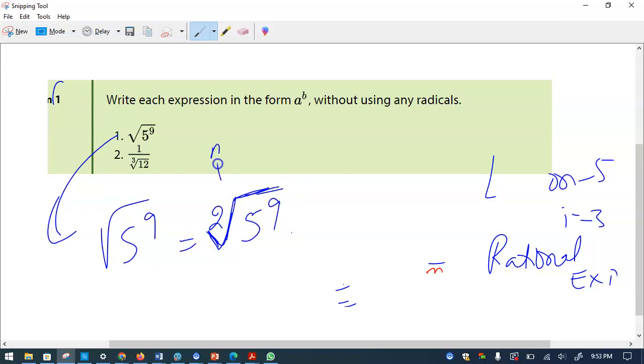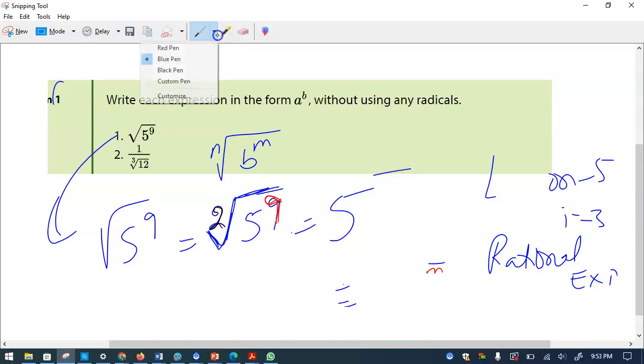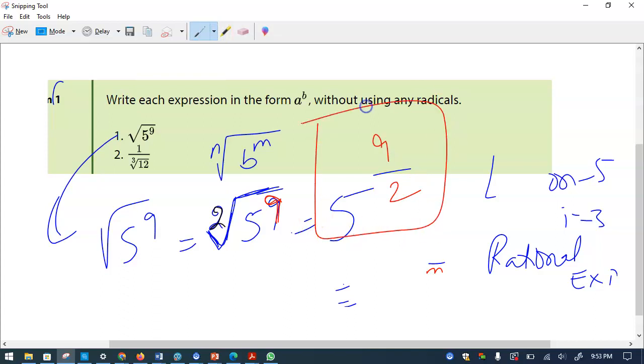When you compare with the radical form, what are m and n? The 9 is the power, and the 2 is the index. So this equals 5 raised to a rational exponent, the 9 goes up, which is the m, and the 2 goes down, and you're done. That's all they're asking.